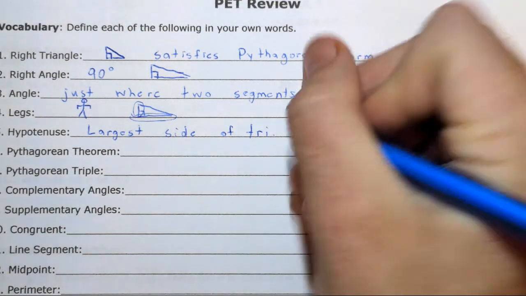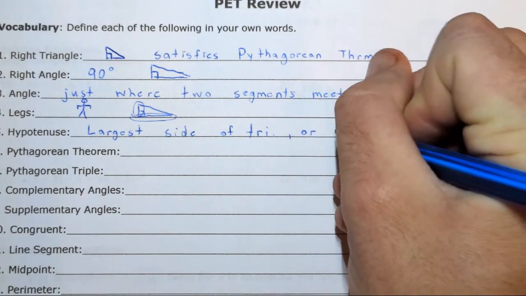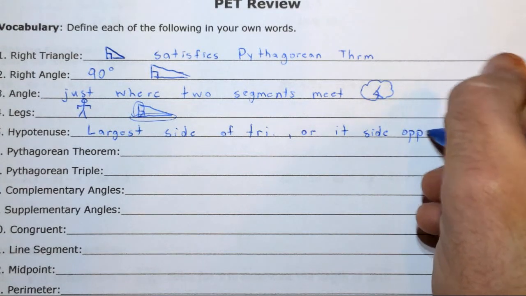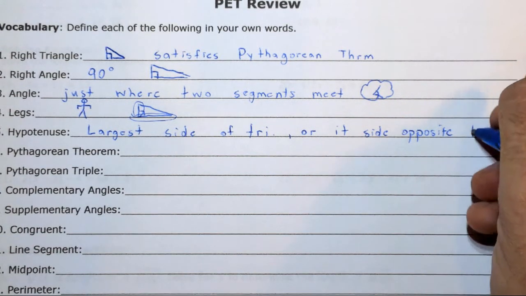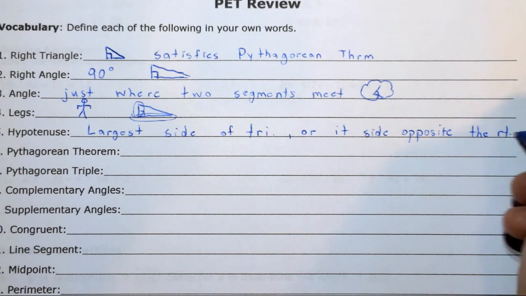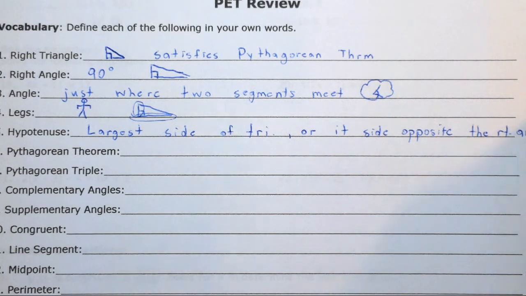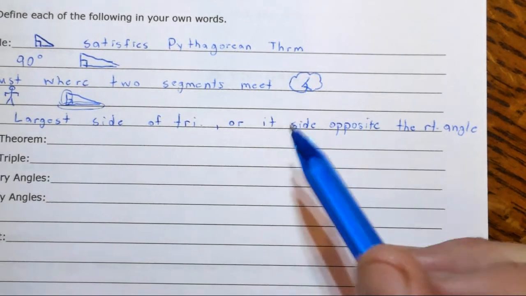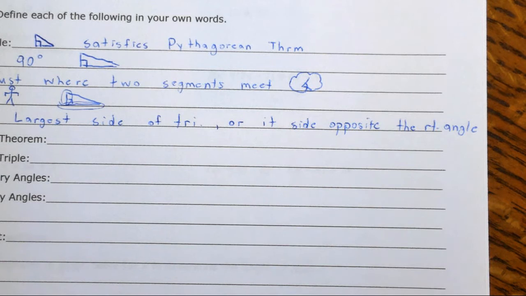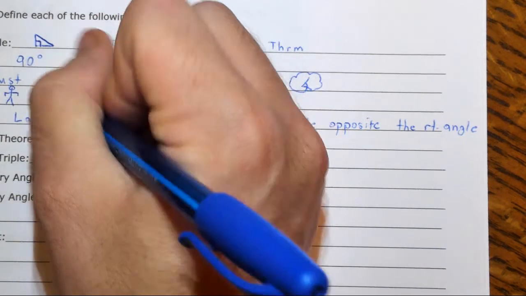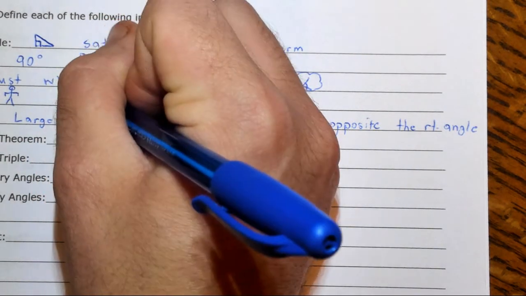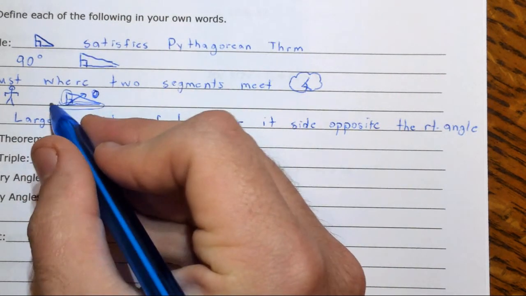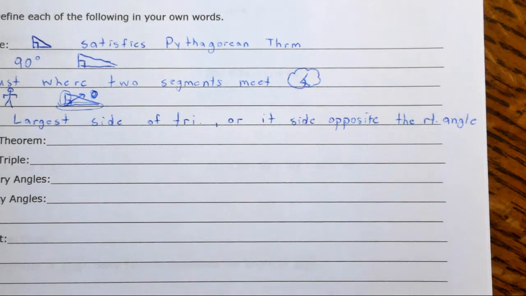It's the largest side of the triangle, or it's the side opposite the right angle. Again, I'm abbreviating. It's the largest side, or it's the side opposite the right angle. If you draw a line from your right angle and go opposite from it, it would be this side right here, because it is opposite the right angle. And we'll get to that just a little bit.